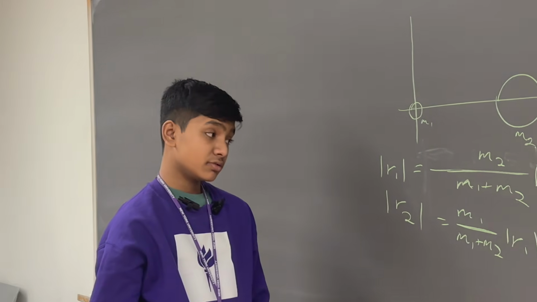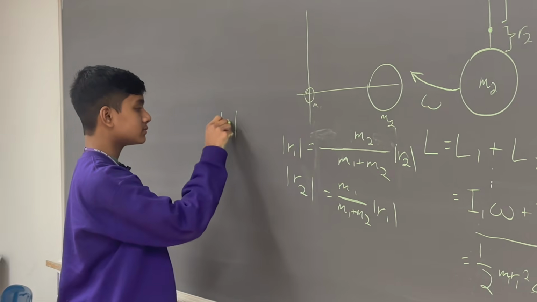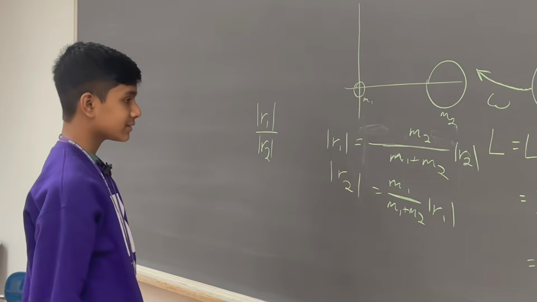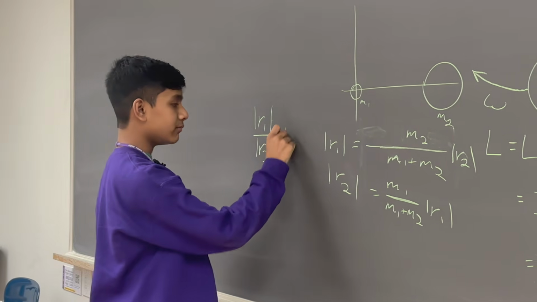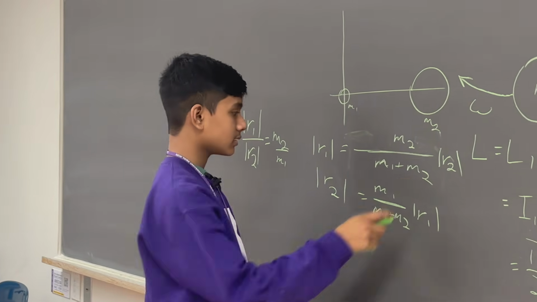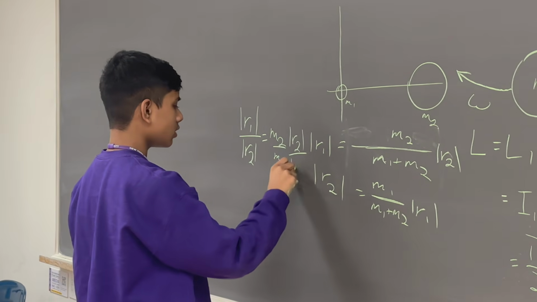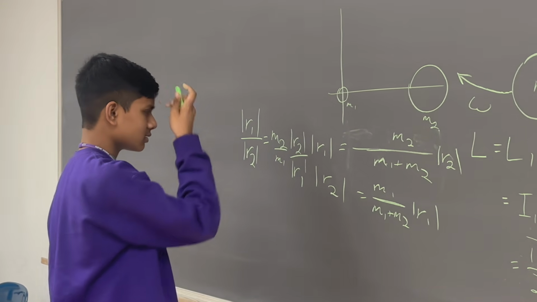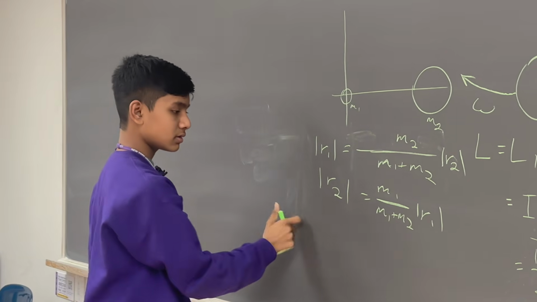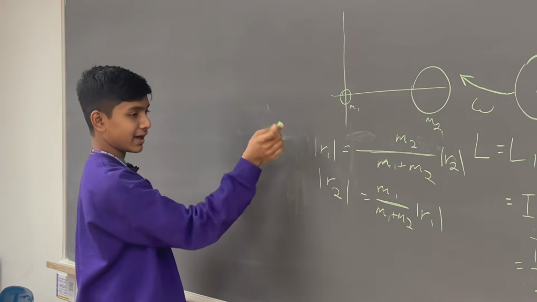Okay, so now what do we do? Well, the natural move is to divide them. What does that give us? Well, this is going to give us m2 over m1 times R2 over... wait a second, no, that's not right.